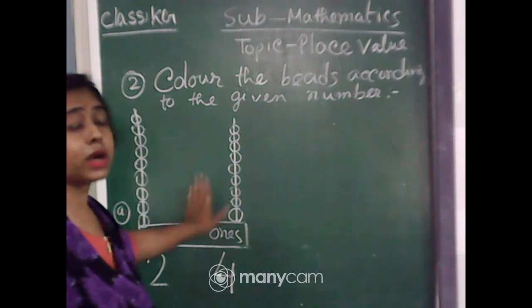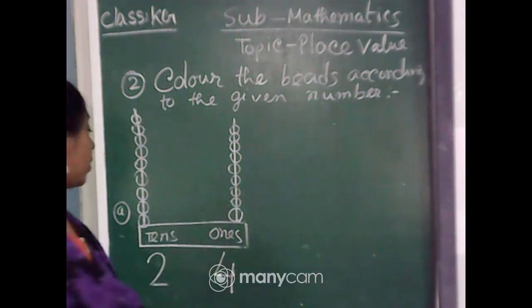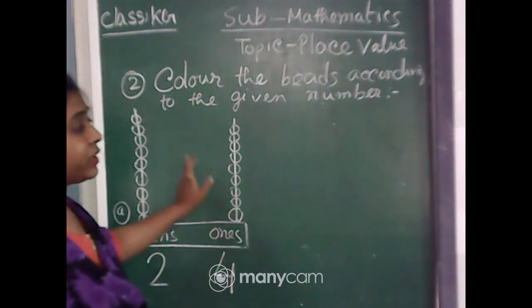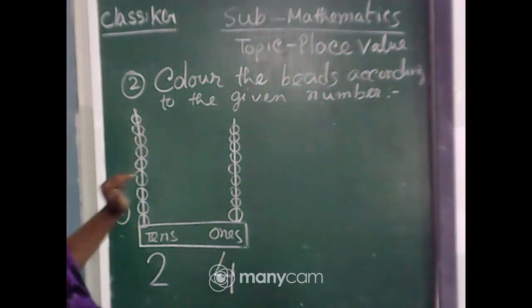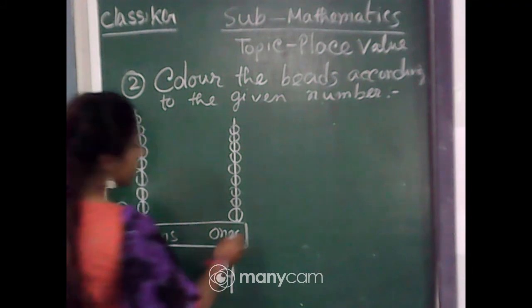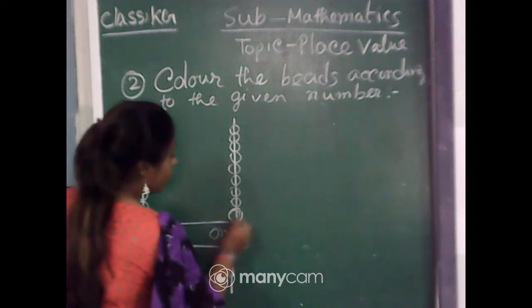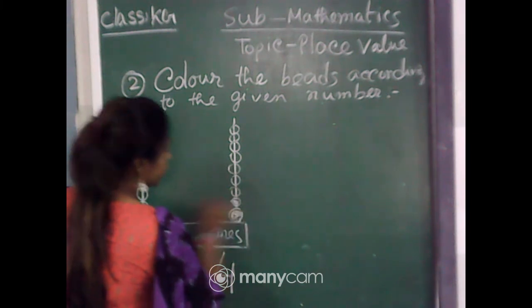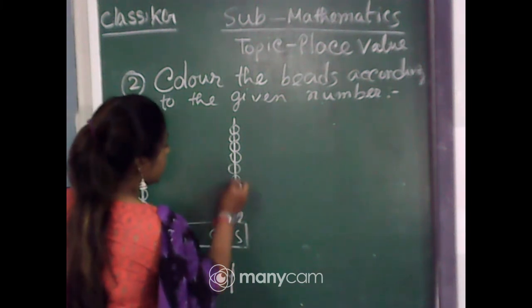You will color the beads according to this number. Our number is 24, and you will color these beads. Now see, 4 ones, that means only 4 beads I will color here. 1, 2, 3 and 4.